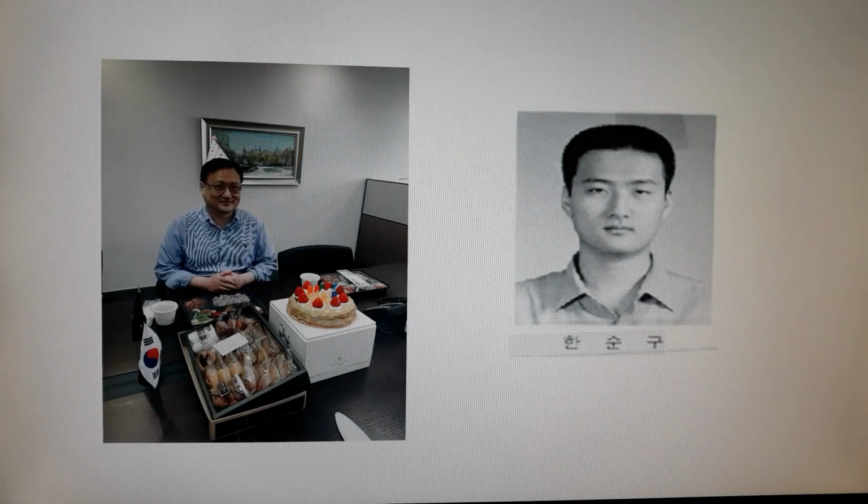Once again, I'm the faceless professor. I have been in the spring semester, but I decided to show you my face sometimes as well as my voice. On the right hand side is a picture of my high school days. I used to look like that. Actually, I was not that fat.